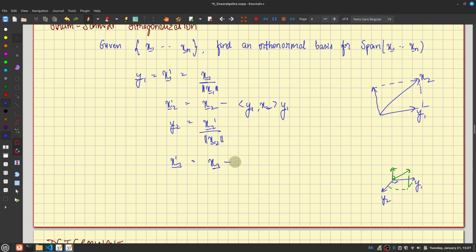This is x3 minus the component along y1 minus the component along y2. And then I just normalize what remains.